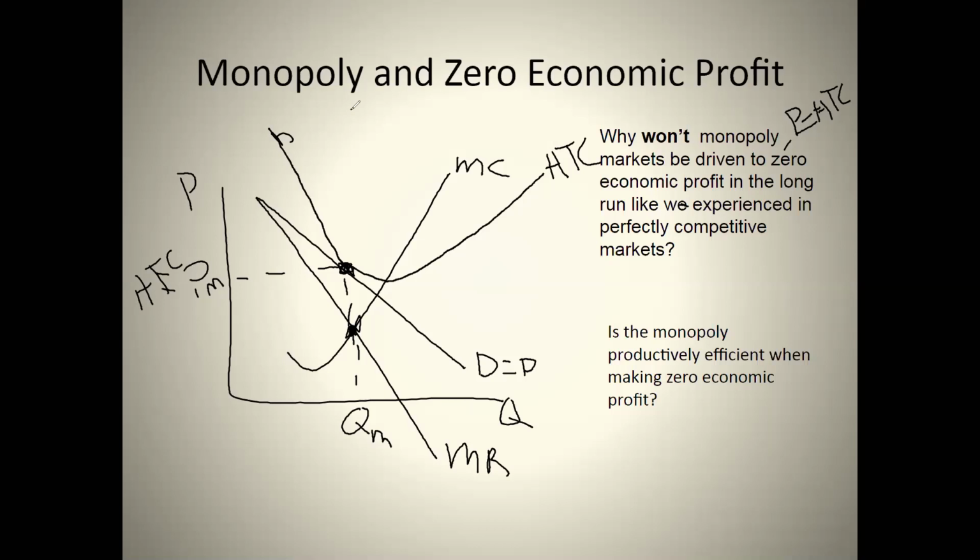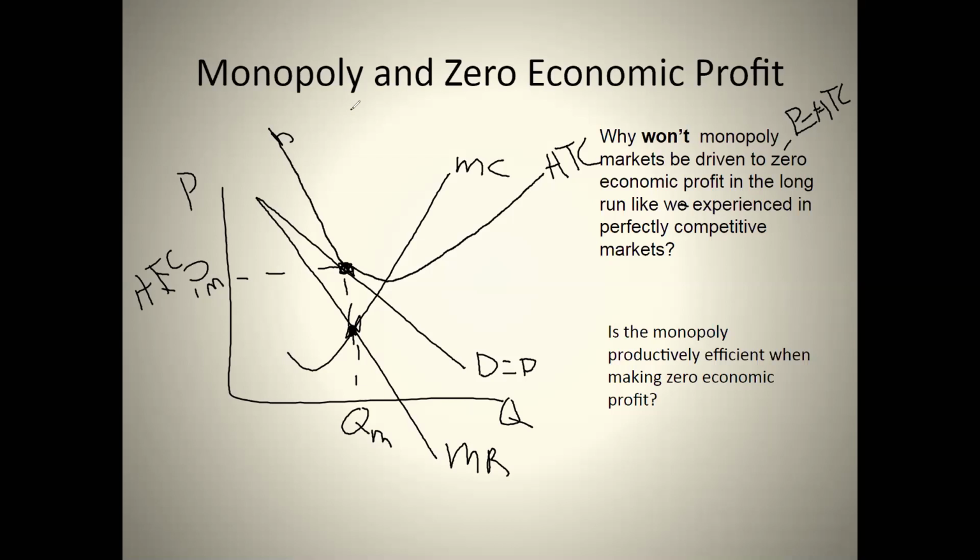When there was a profit, firms would enter and it would drive the price back down and the profits would evaporate. When there were economic losses, firms would exit and the price would rise and they would resume back to zero economic profit.